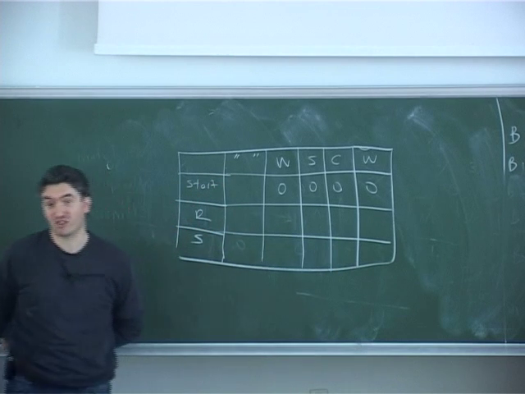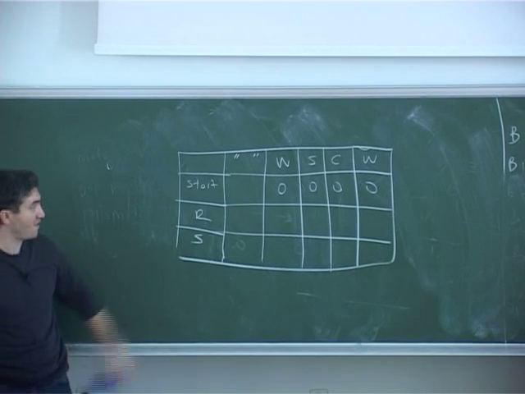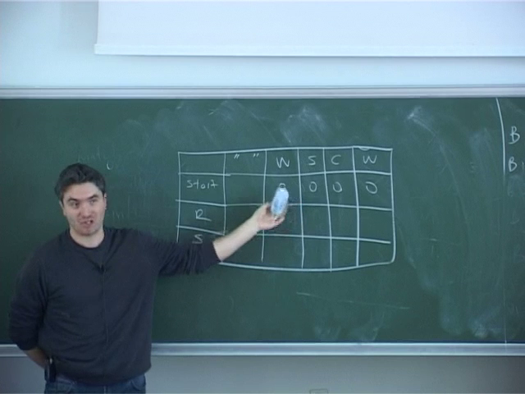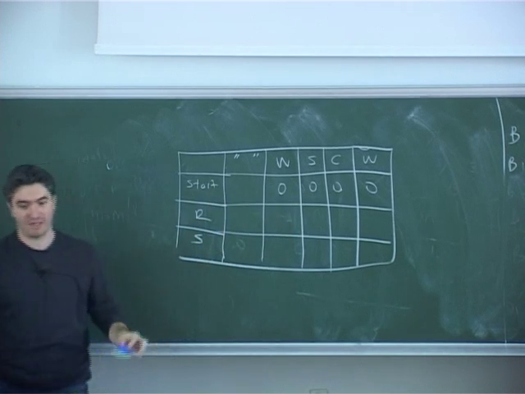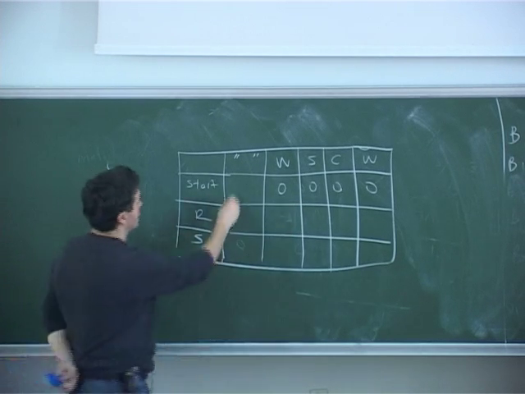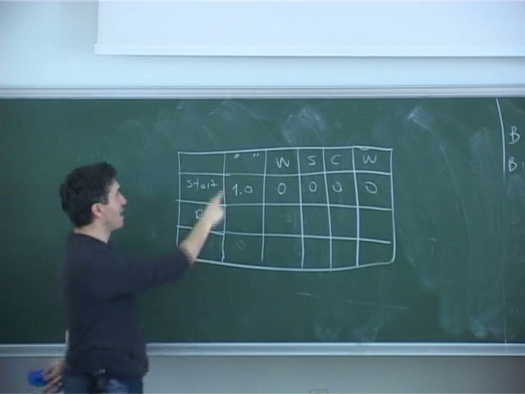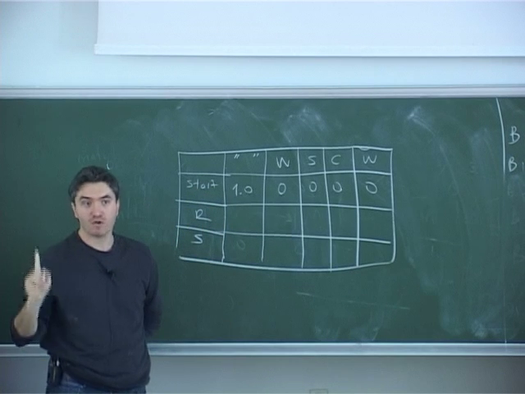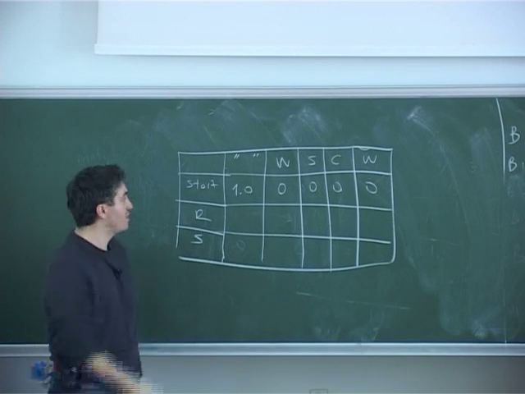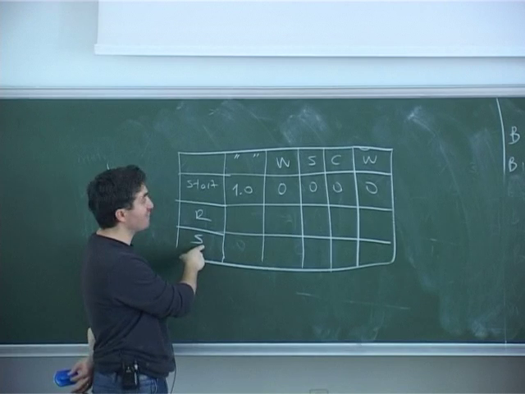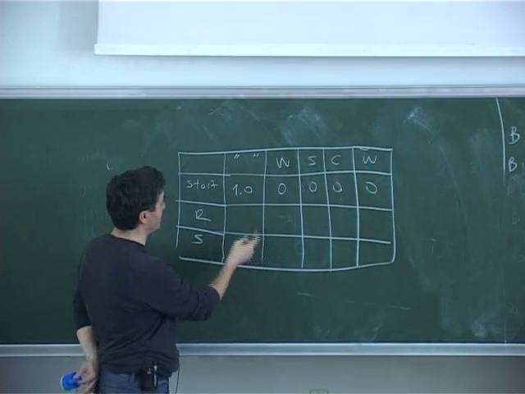You cannot be at the start state and having observed some symbol, because these symbols are emitted at the rainy or sunny states. And this one is 1.0. At the beginning, by having emitted no symbol, you are at the start state. You cannot be at rainy or sunny states having emitted nothing.